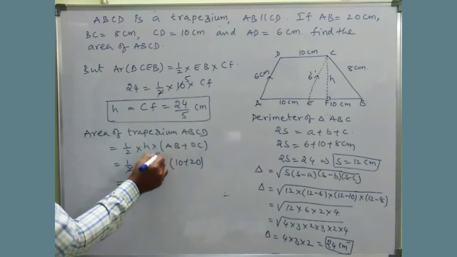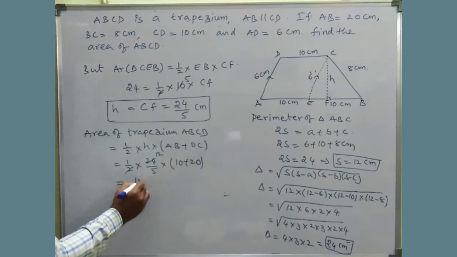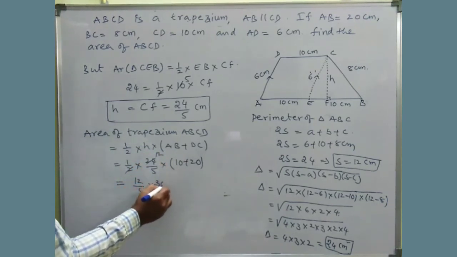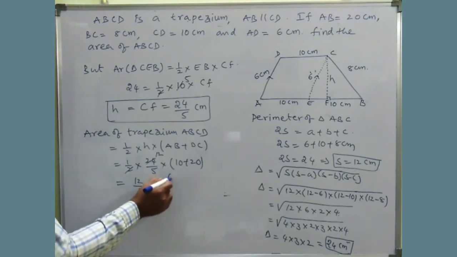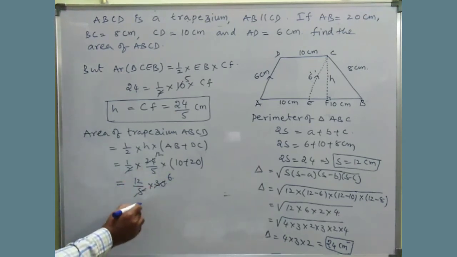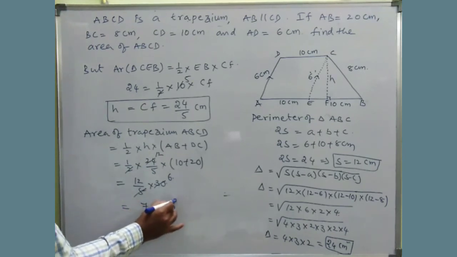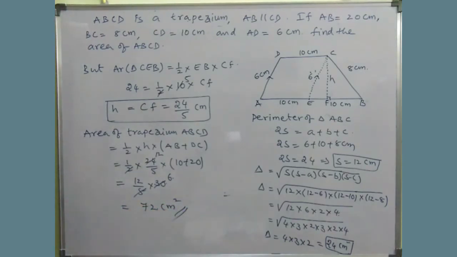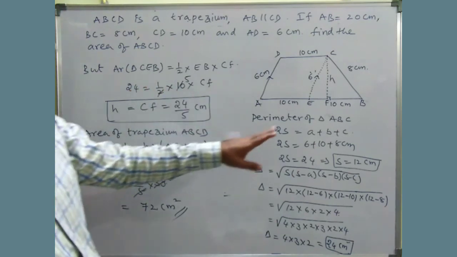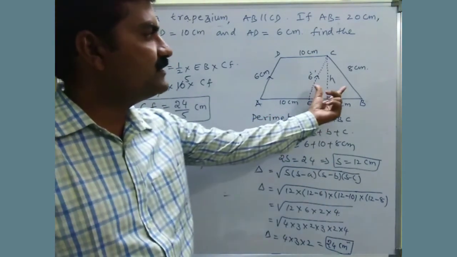Now this is 12 times, so 12 by 5 into 30, and this 5 goes 6 times, 12 into 6, 72 square centimeters. So the area of the trapezium is 72 square centimeters.